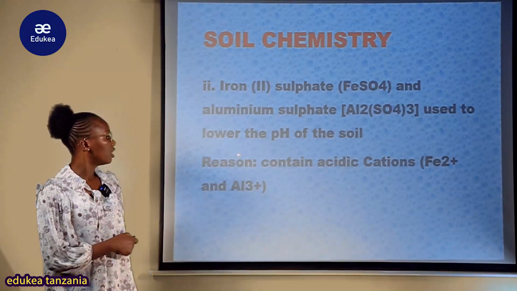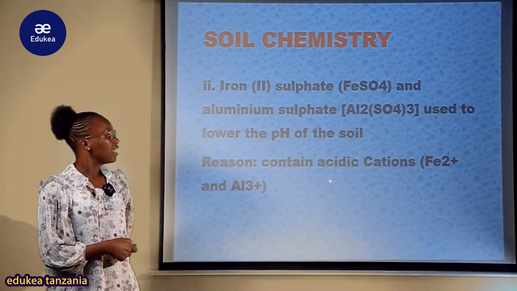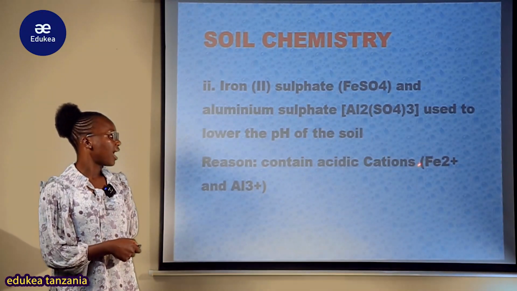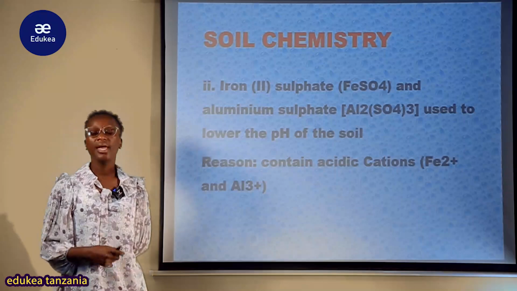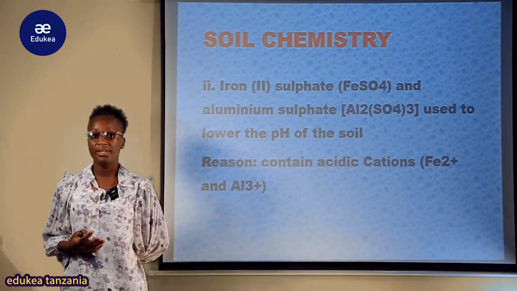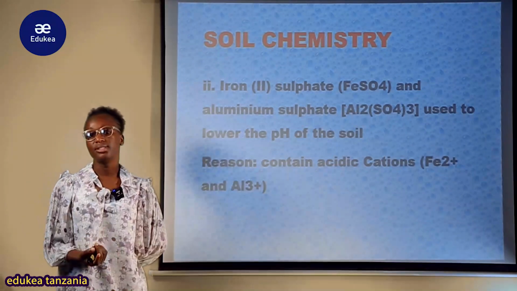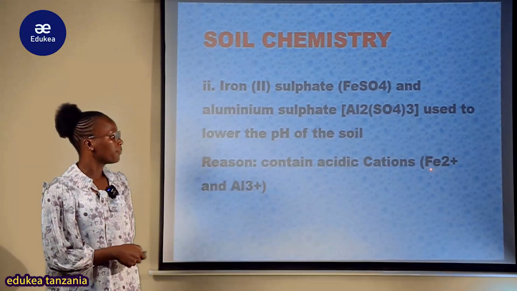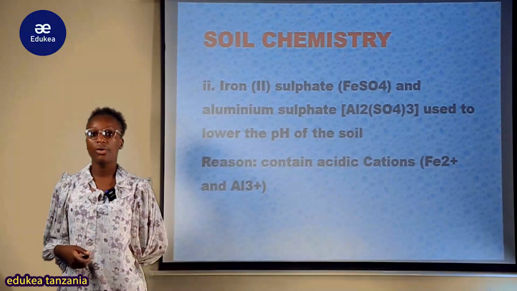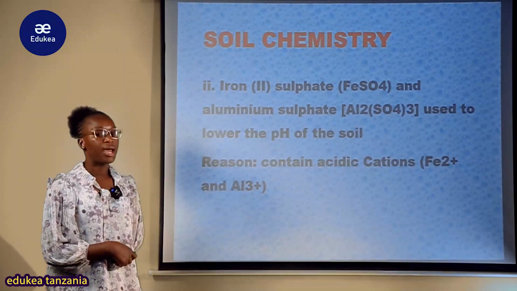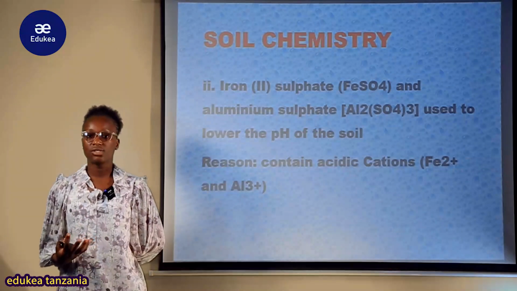Why? Simply because they contain acidic cation which is iron 2 but also aluminum. Here iron 2 and aluminum 3, they play part of acid. Simply kwa sababu hizi hapa zina act as a donor. So you can see also zinakuwa na hizi vacant orbitals.